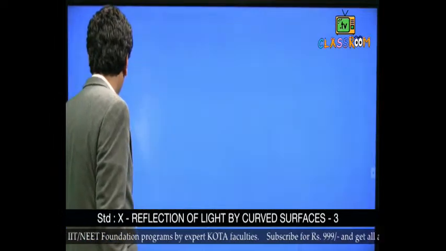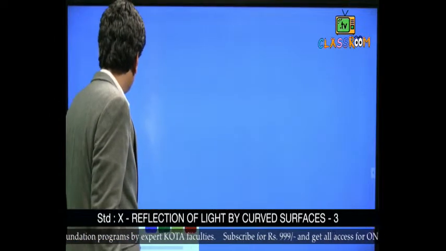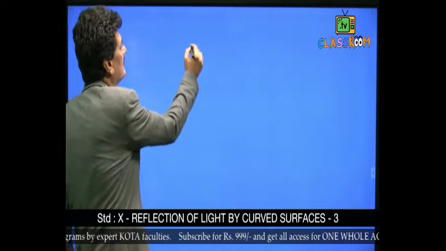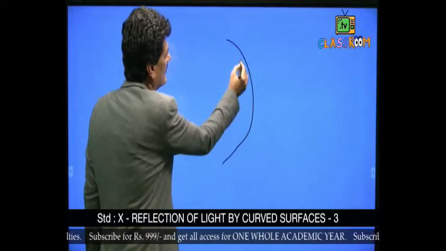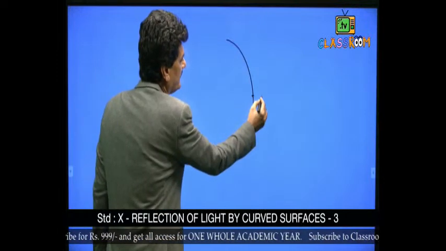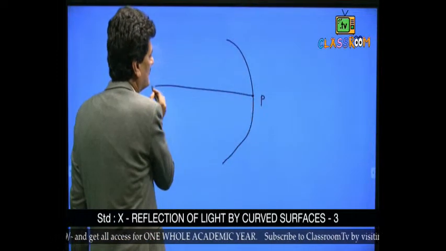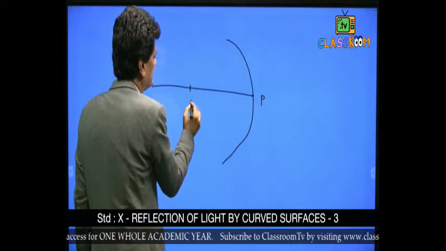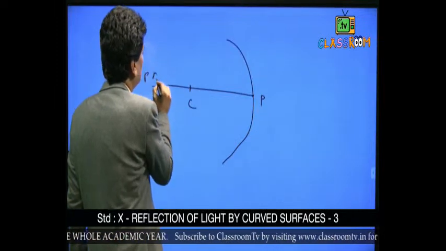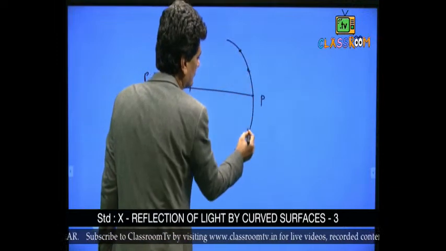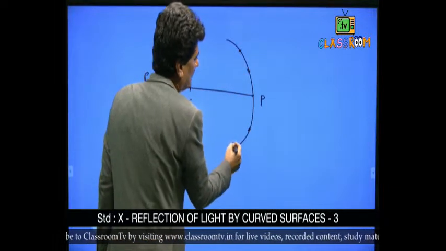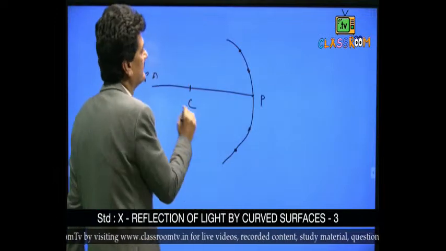How the normals, can we find something regarding the normals there? So for the concave mirror, this is P, the center of curvature, the principal axis. Now randomly we have selected a few points here where the incident rays are going to strike.